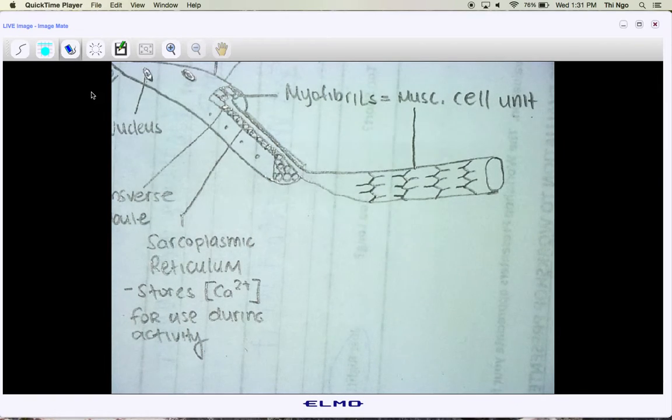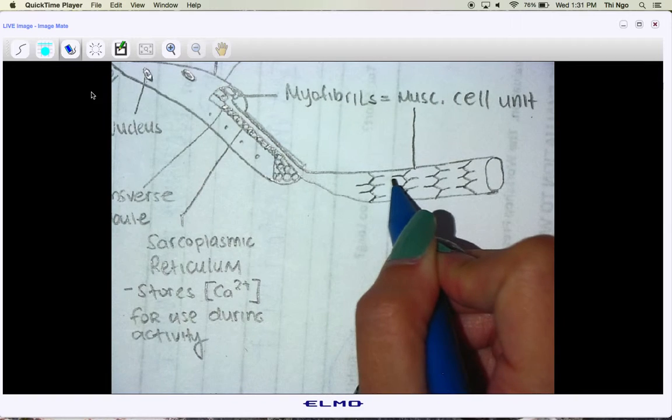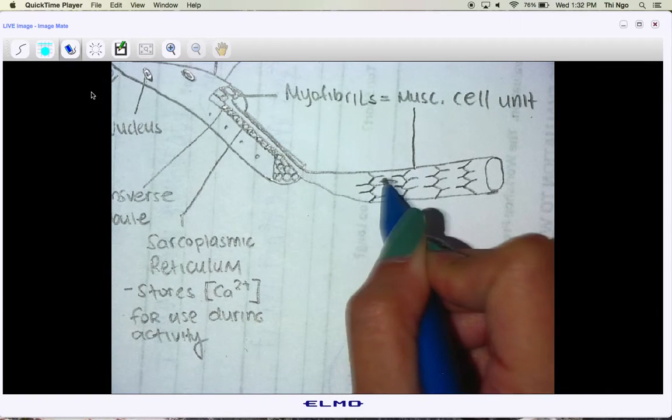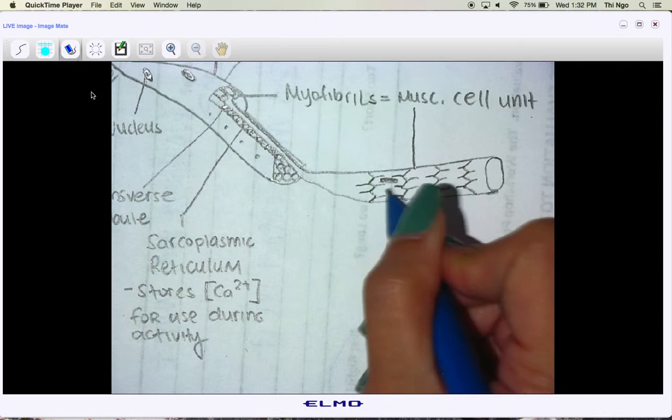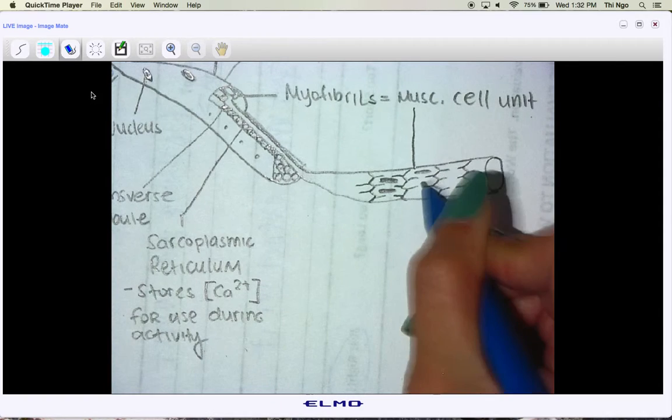In between each actin protein, you have a second protein called myosin. So myosin is in between the actin, and it is much thicker and shorter. This is myosin.